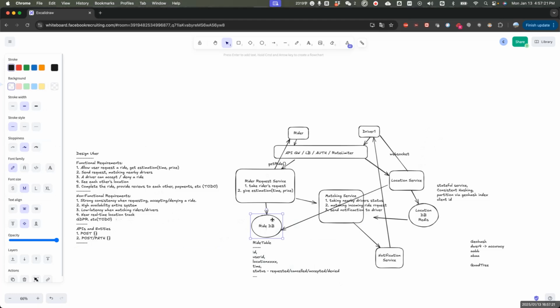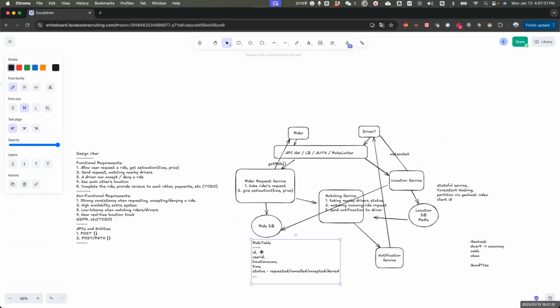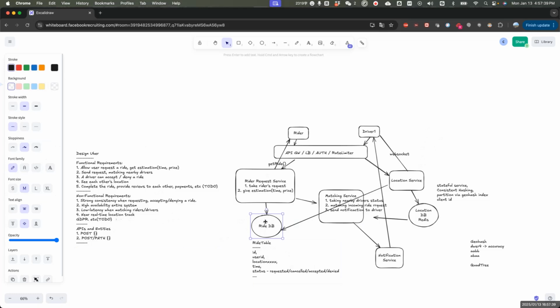We could use single-leader replication and partition via the ride ID. It also needs to be located within the same geolocation as the services, but have replication to a different data center for higher availability, durability, etc.